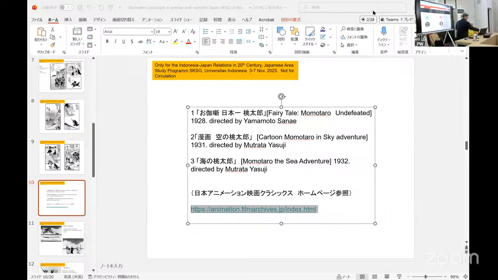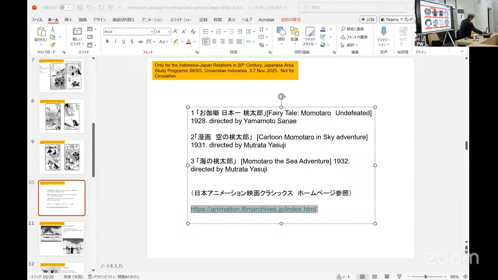Sepertinya itu mau coba. Dan mungkin masuk keyword Momotaro atau... Anyway, sepertinya itu bisa mengecek, mencari-cari karakter in the period sebelum Perang Pasifik.